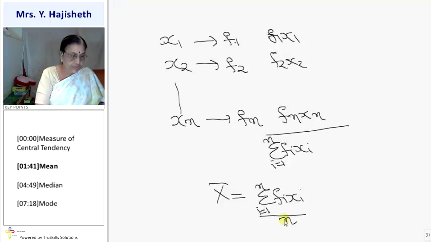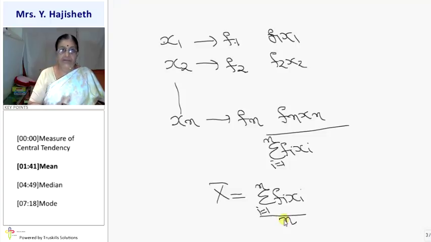If data is ungrouped, but x1 occurs f1 times, x2 occurs f2 times, and xn occurs fn times, then x bar is the total of all, divided by f1 plus f2 plus fn observations.